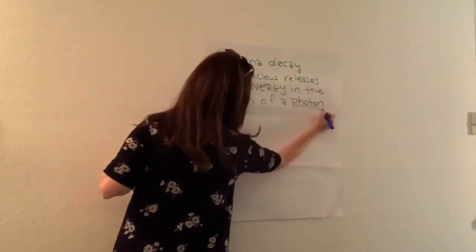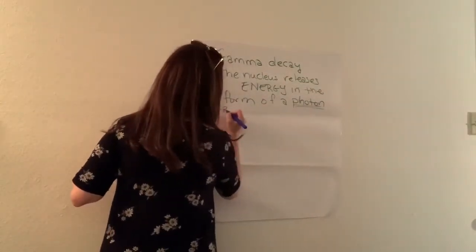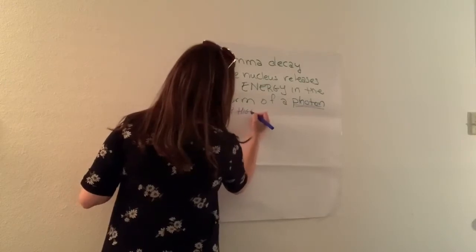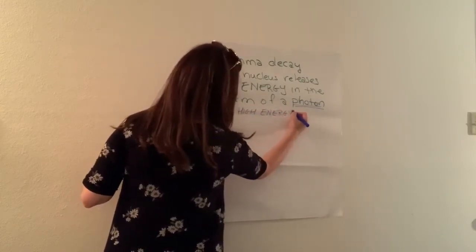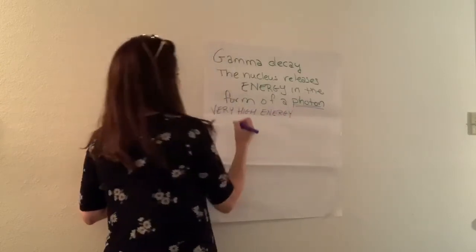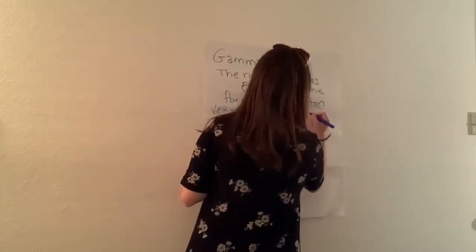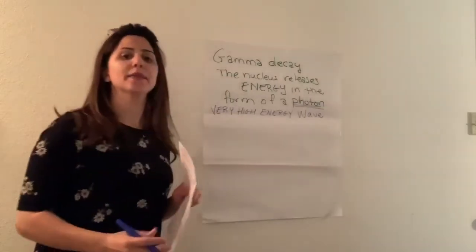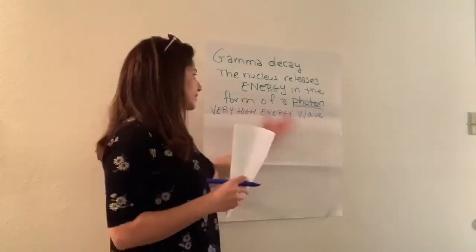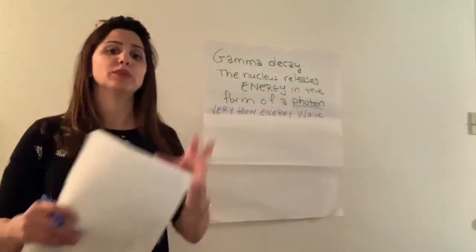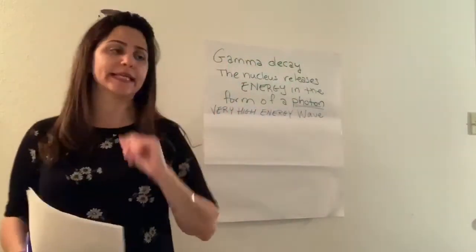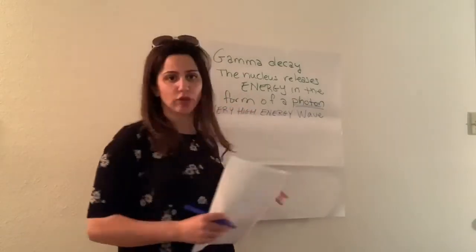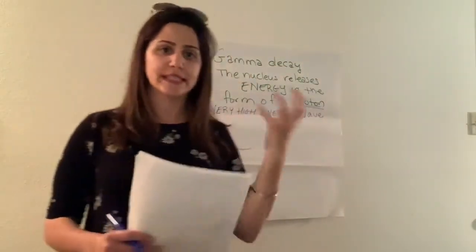This photon is a very high energy wave. It has various different parts to it. We'll talk about the wave properties in a second, but it has a very, very high energy. And we know that this is produced by the sun.